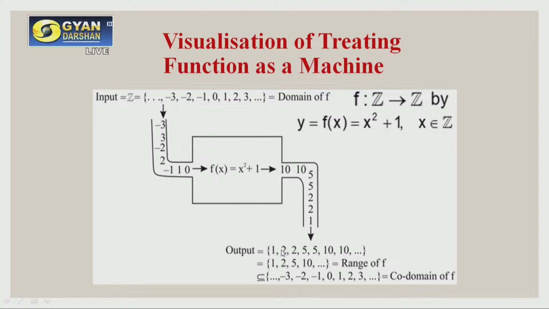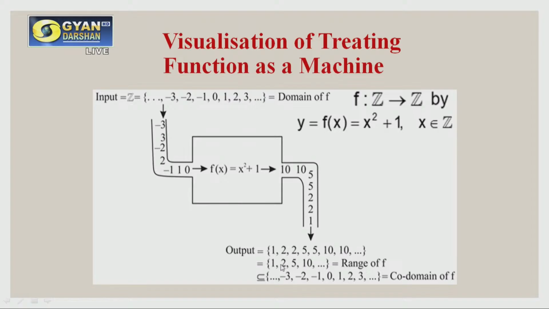But you know that in set theory we do not repeat elements, so instead of writing 2 two times we can simply write 2 once, and similarly instead of writing 5 two times we write it once. So this is known as the range. What is the range? The set constituted by the outputs of the function.